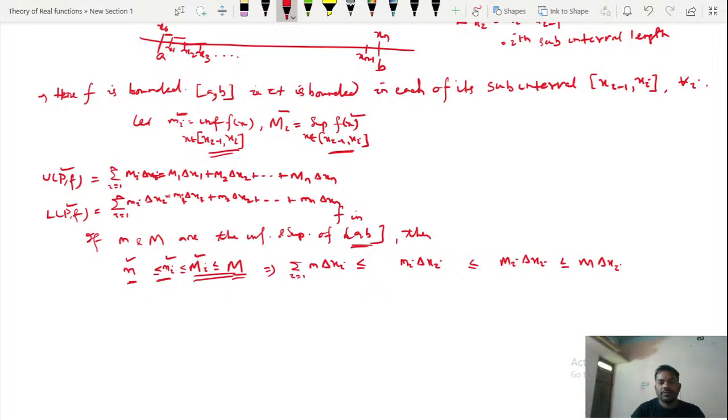So similarly, I is varying from 1 to n, which means taking a summation of n terms. So what will we get?